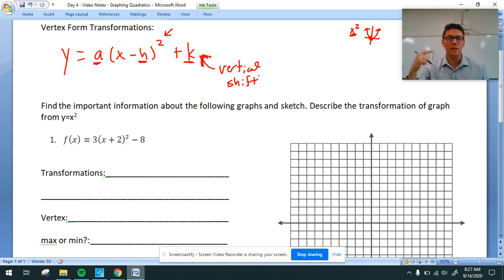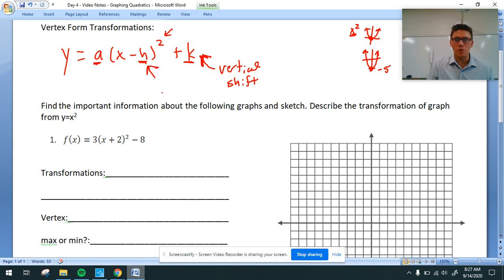But think about how that relates to the vertex. It's going to move the vertex not at (0, 0), but let's say it's a -5 there. It's going to shift this whole graph down 5 spots, and it's going to now change the location of the vertex to (0, -5).